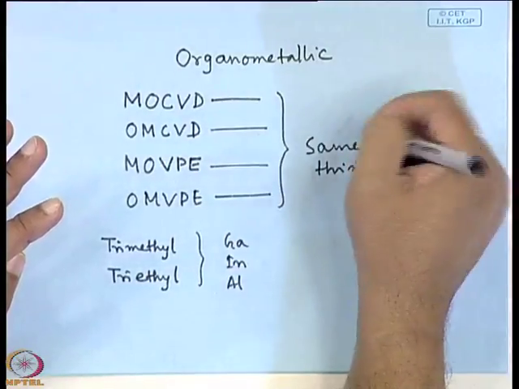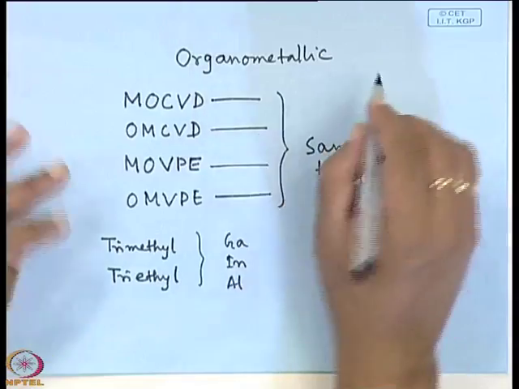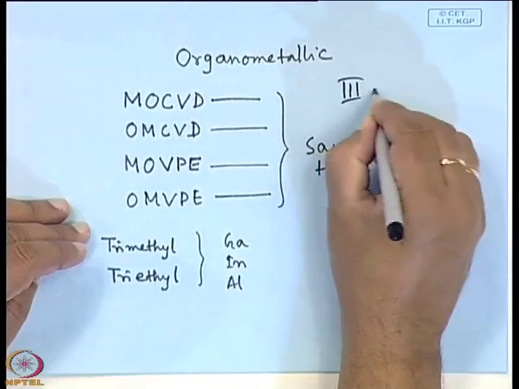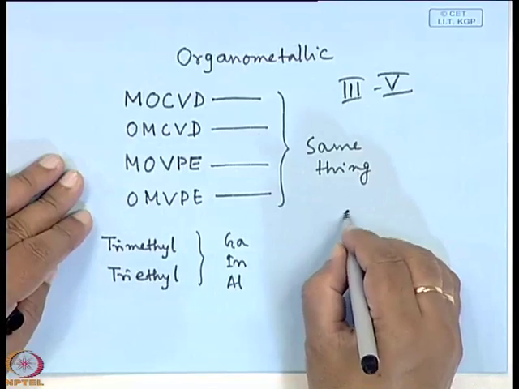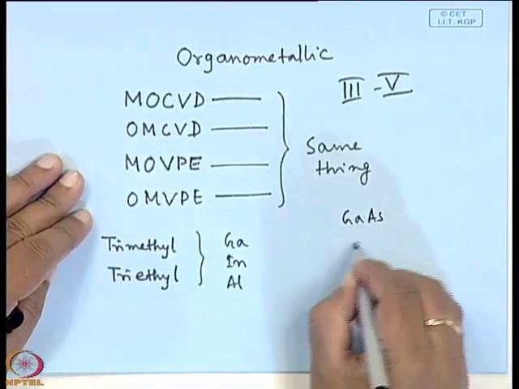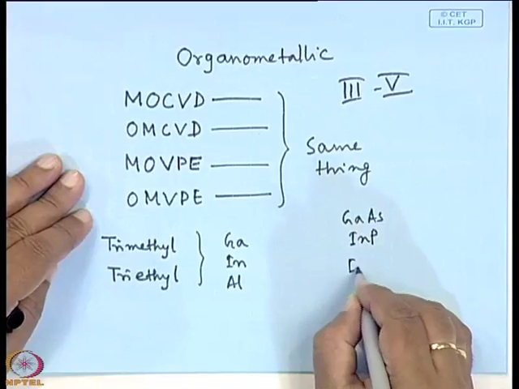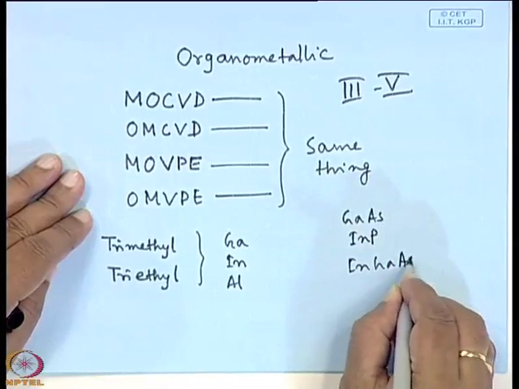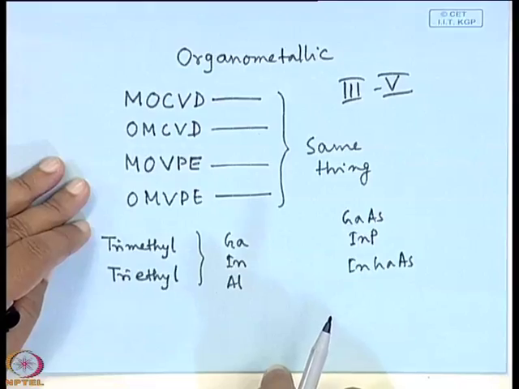But this is very fruitful and very efficient and very popular technique for 3,5 semiconductor growth. 3,5 semiconductor means gallium arsenide, indium phosphide, indium gallium arsenide, etc., indium gallium phosphide.